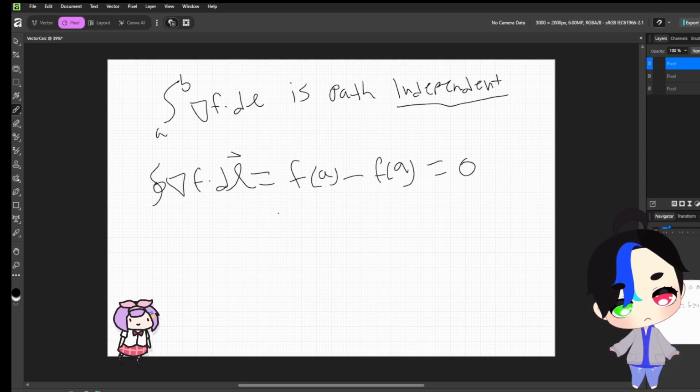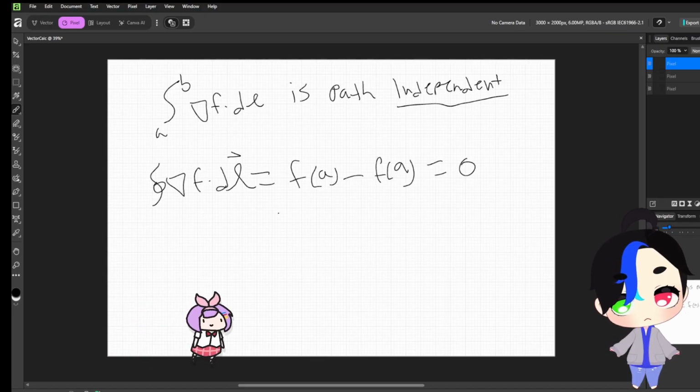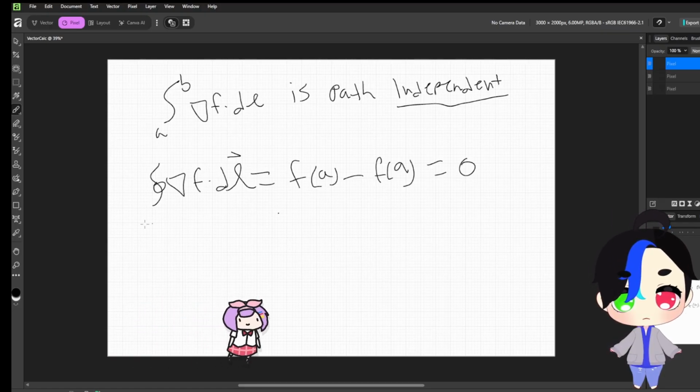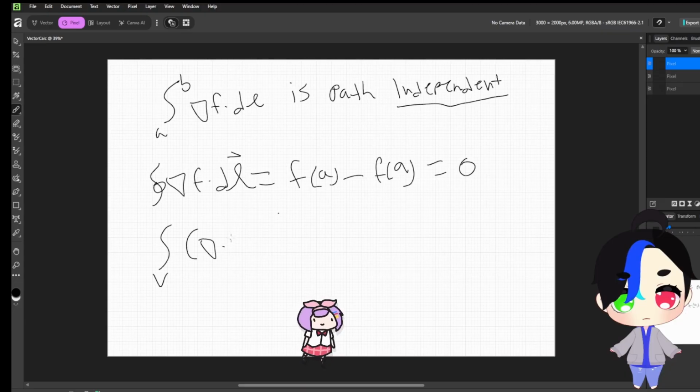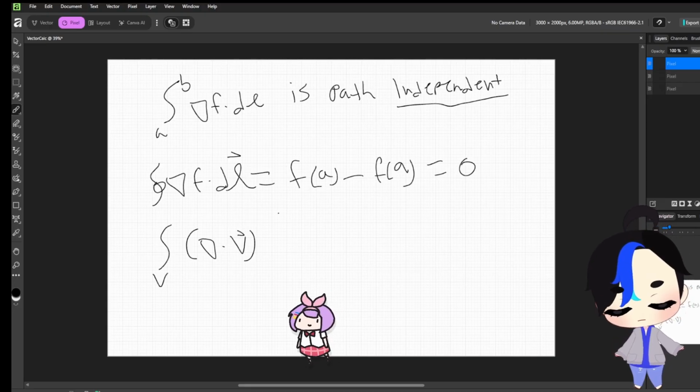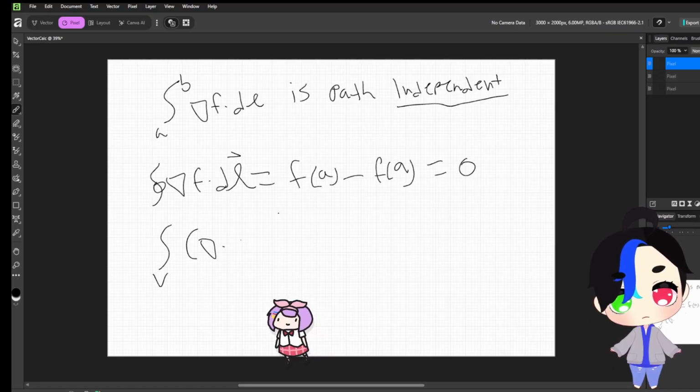The other theorem I want to talk about... Oh, there's two more. The next one I want to talk about is what happens if I want to take the volume integral of a divergence. I probably shouldn't use V if I'm taking the volume integral.